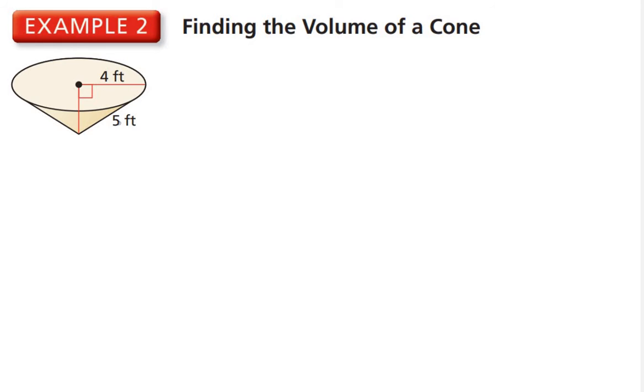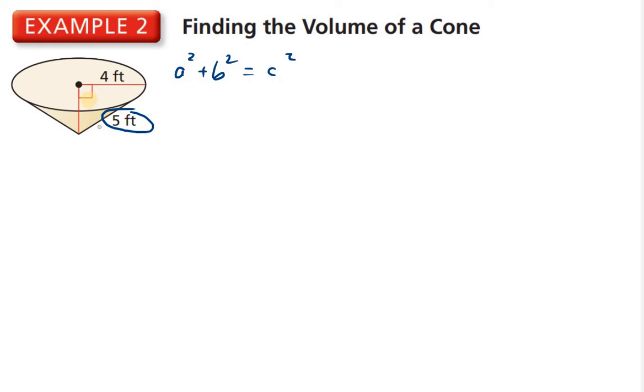All right, here we want to find the volume of this cone, and this 5 is not the height, okay? That's the lateral height. So we want to know the height of the cone, but we have a right triangle here, so we can use the Pythagorean theorem. a squared plus b squared equals c squared. And you might recognize this as the Pythagorean triple for 3, 4, 5, but we can go ahead and do that.